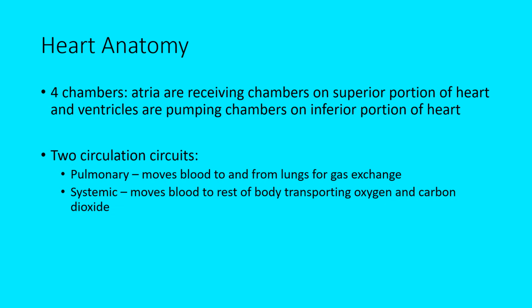So it's just right next door, if you will. Why is it pumping blood to the lungs? That's for the gas exchange to occur. And then the systemic circulation is going to be pumping the blood to everywhere else in the body but the lungs. When we talk about the chambers, the right side of the heart is involved with the pulmonary circulation and the left side with the systemic.